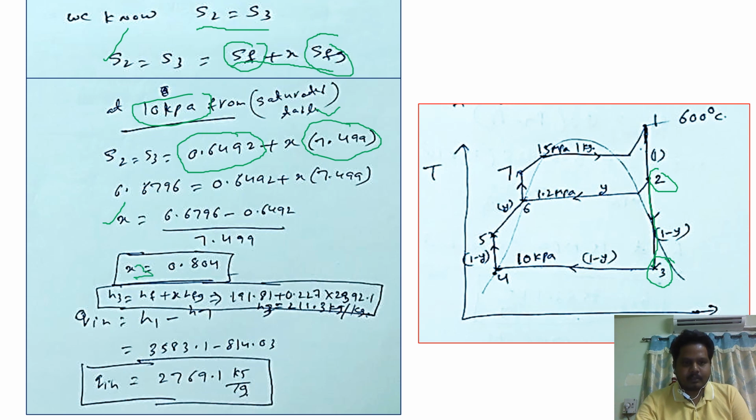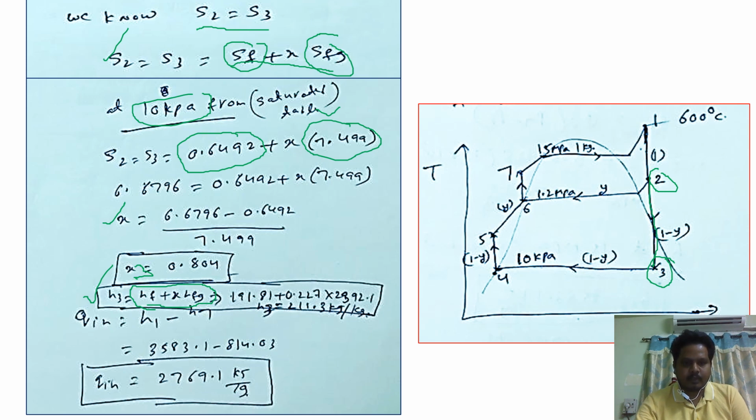That is 0.804. Now once we know the X3 value, we can find the enthalpy at point 3. That is H3 equals HF plus X times HFG.